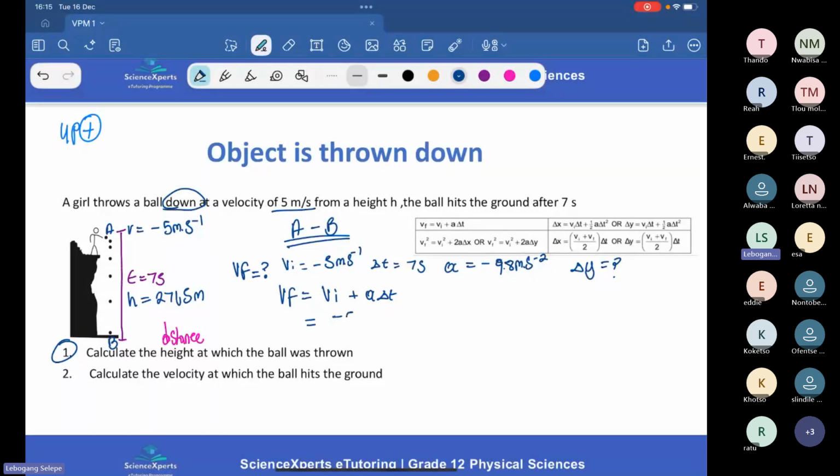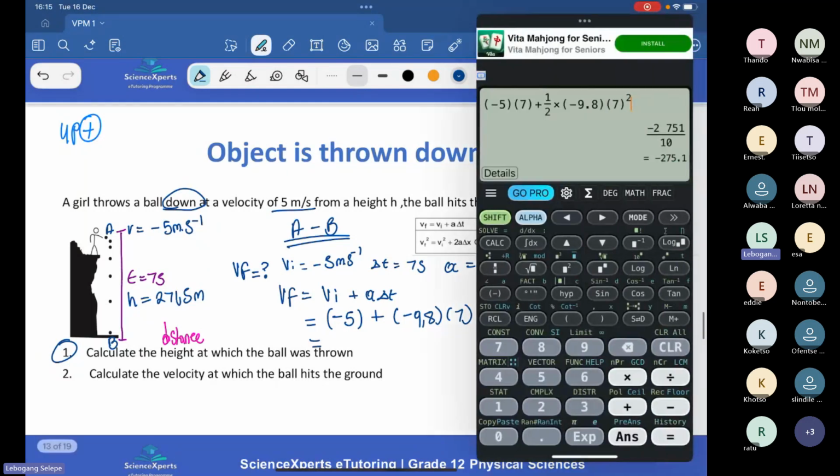So VF would be negative 5 plus acceleration, which is negative 9,8, times the time, which is 7 seconds. Negative 5 plus negative 9,8 times 7. I'm also teaching you how to substitute on your calculators. Can you see, guys? Use brackets to substitute on your calculators.